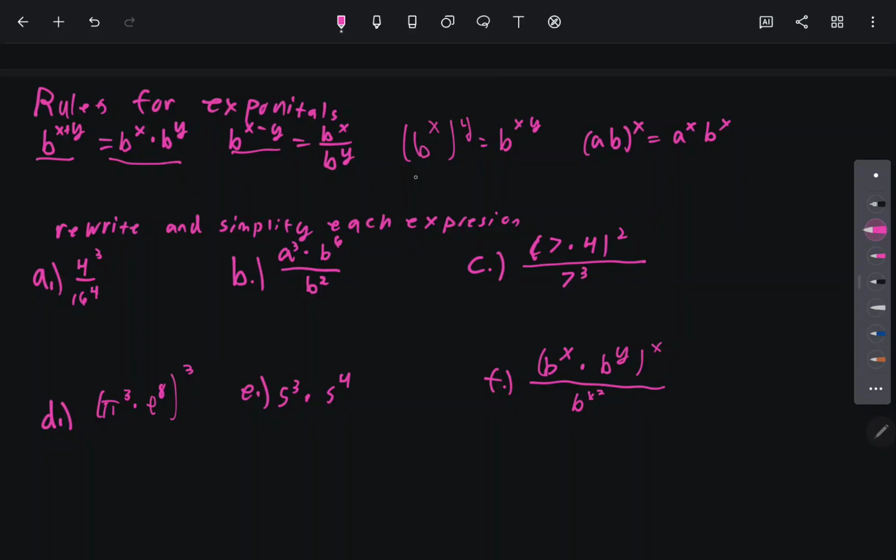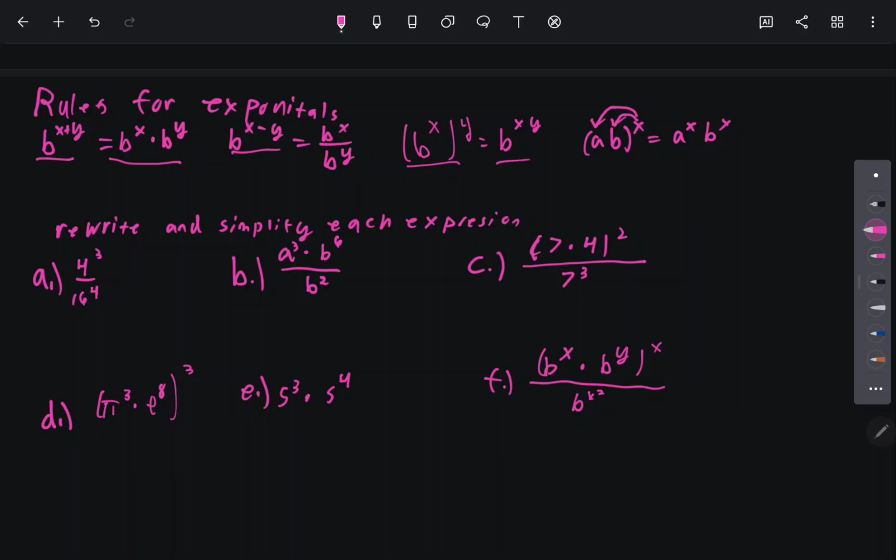If you ever have a power raised to a power, the way that you can resolve that is you're going to multiply the powers together. And if you have two constants a and b raised to the power x, you can distribute the x only if you're multiplying them, in which case you'd get a to the x times b to the x.